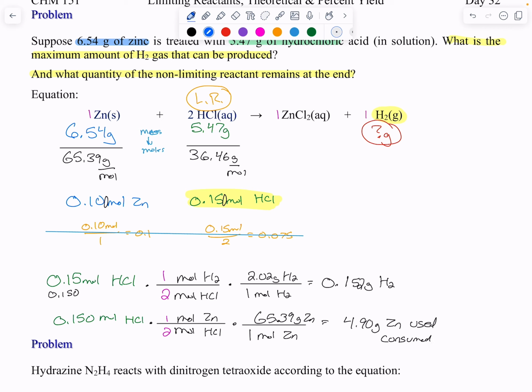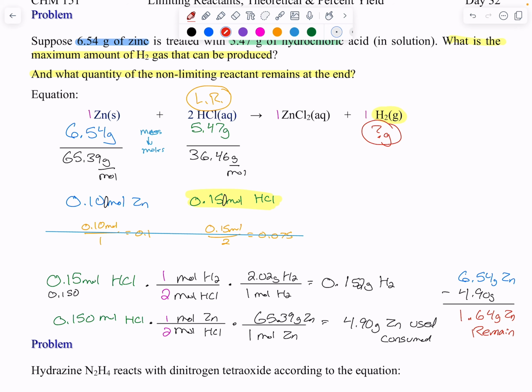So if we start off with 6.54 and we use 4.90 grams, it looks like that would be 1.64 grams of zinc remaining. So that's how we do the limiting reactant. That's it.